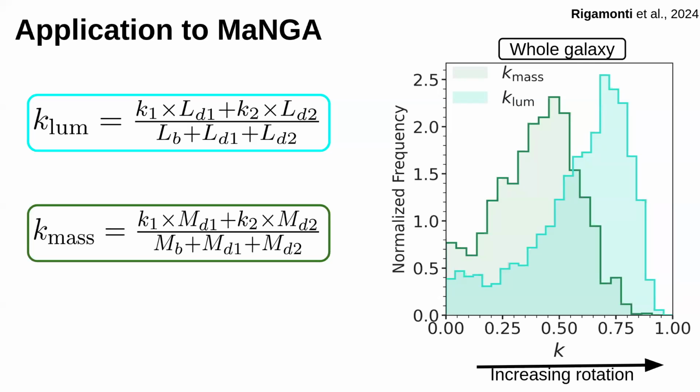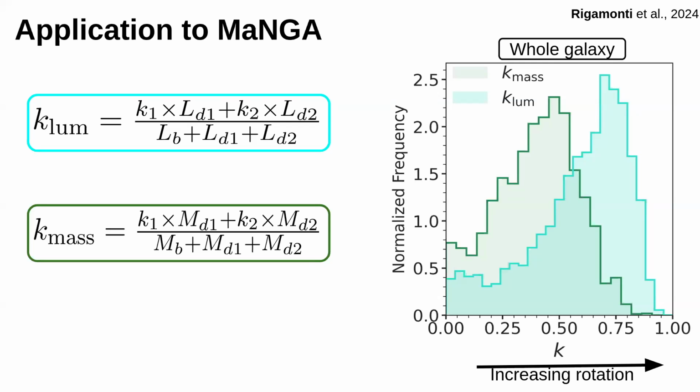Again, here the range is between 0 and 1. And when it is 0, it means that the whole galaxy is dispersion supported, it is a spheroid. And when they are closer to 1, the galaxy is rotationally supported. The fact that the two histograms look different just comes from our assumption of the mass-to-light ratios not being constant throughout the galaxy. Assuming a constant mass-to-light ratio would have led to identical definitions of K-lum and K-mass, and no difference there.